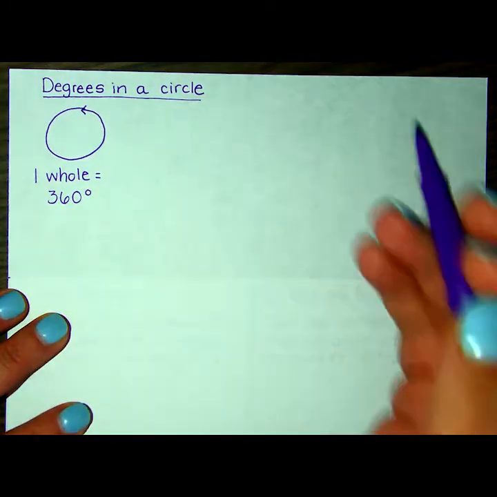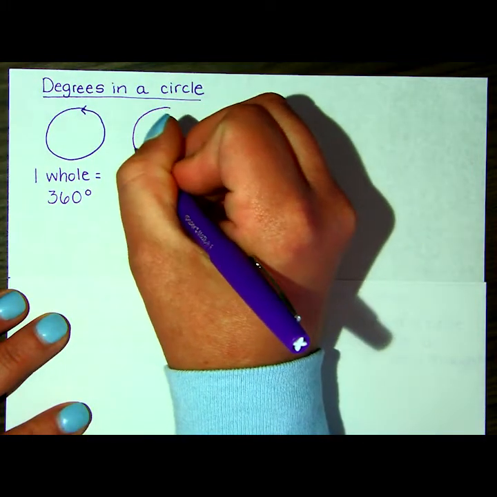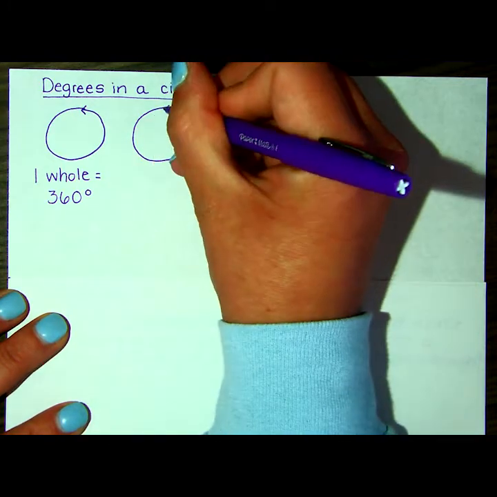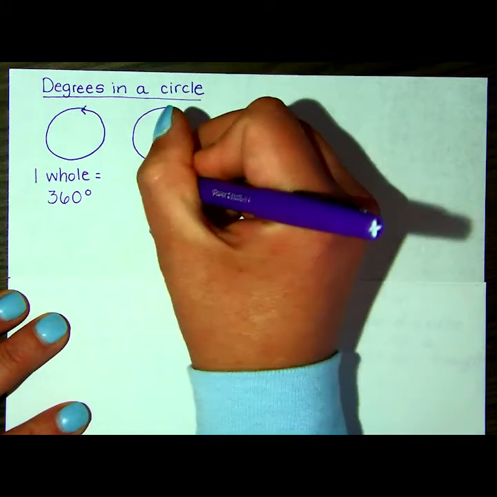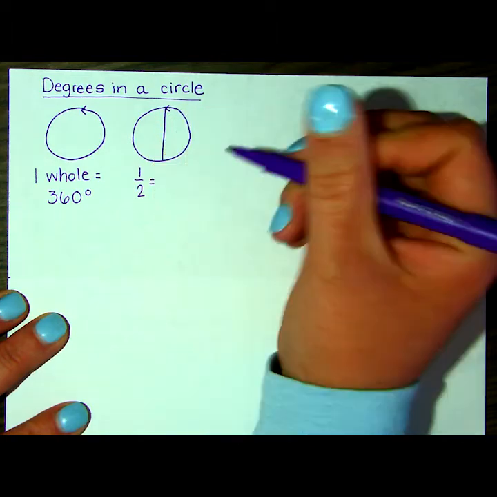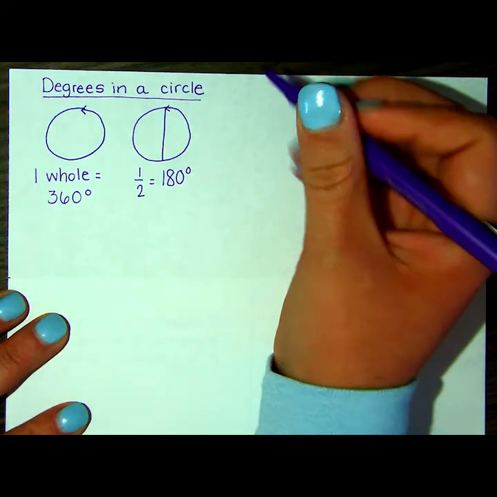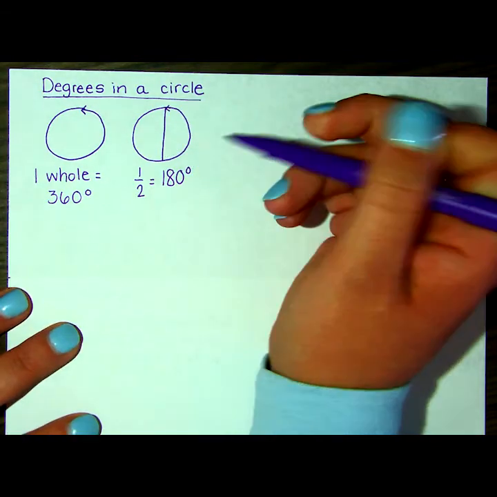That is why. Now, you also need to know that half of one whole circle, meaning we cut this in half, is equal to 180 degrees. And again, another skateboard trick where you turn halfway is called a 180.